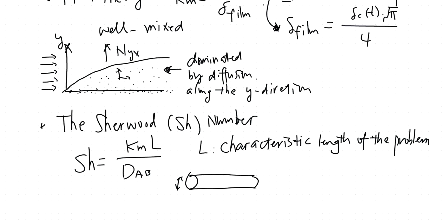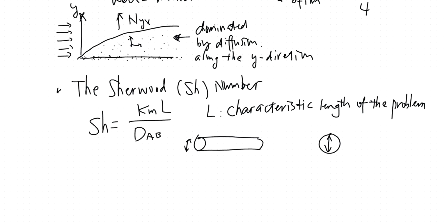If you have flow over a sphere, then the characteristic length would be the diameter of the sphere. And if you have a plate, then the characteristic length would be the length of the plate. So it depends on your problem. It's not a fixed length for any geometry.